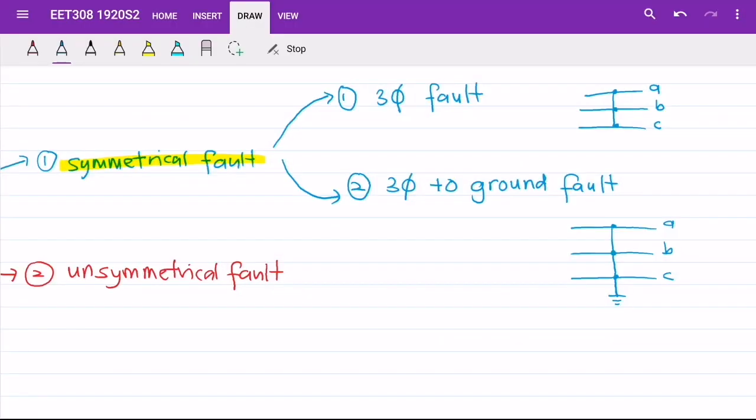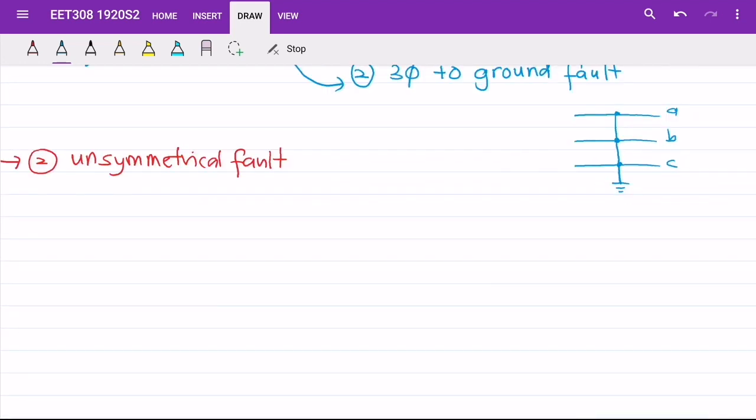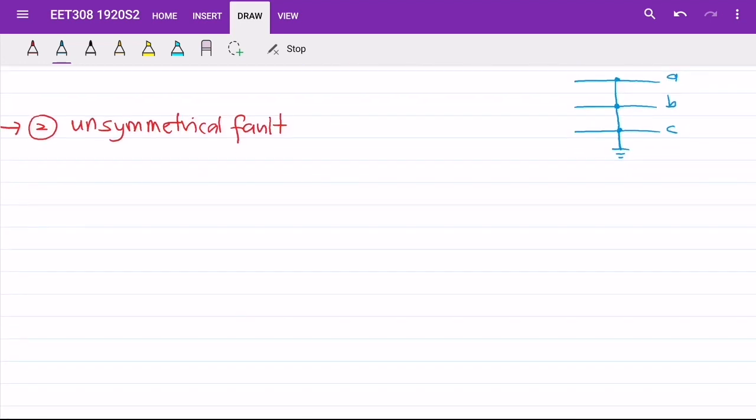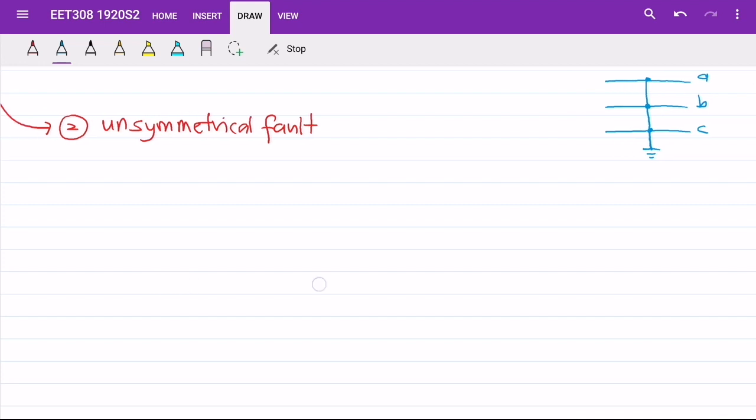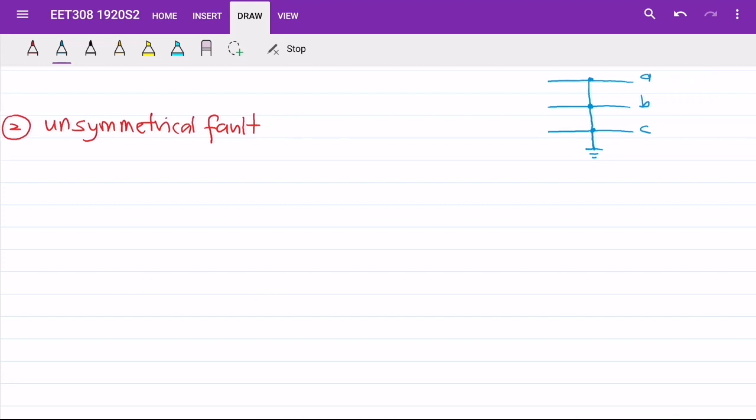Now we go to unsymmetrical fault. Unsymmetrical fault consists of three different types of faults. The first one we call an SLG fault, or LG. SLG fault stands for single line to ground fault.